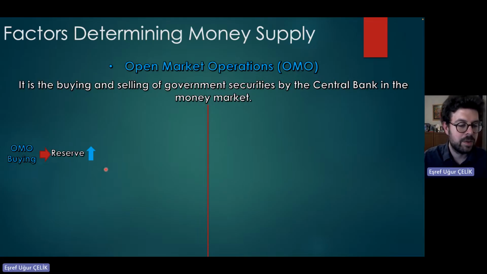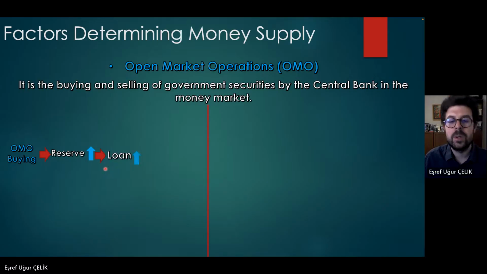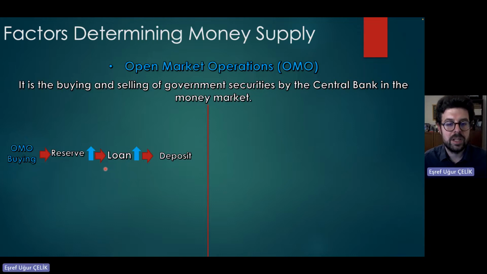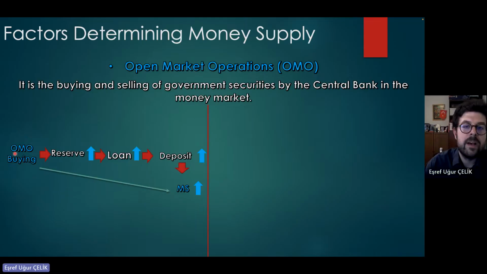So the reserves of the banks become higher, so they are able to give more loans. If they give more loans, the deposits become higher, so the money supply becomes higher. The important thing is here: when open market operation buying is achieved, the money supply becomes higher, okay?